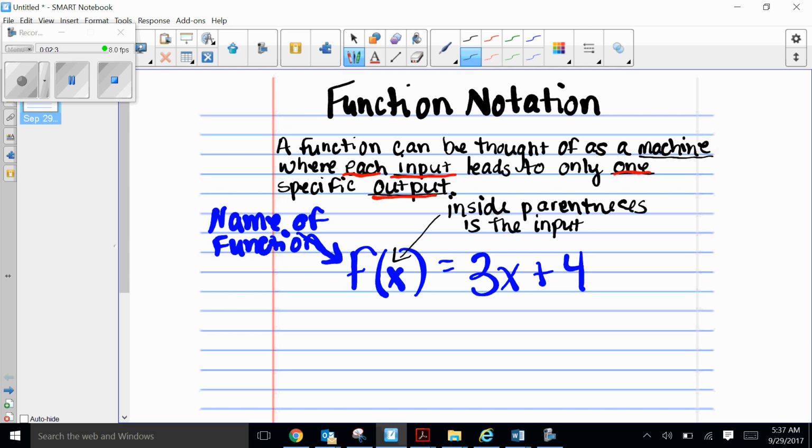This is what should be plugged into my equation.